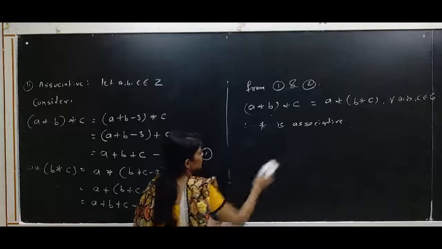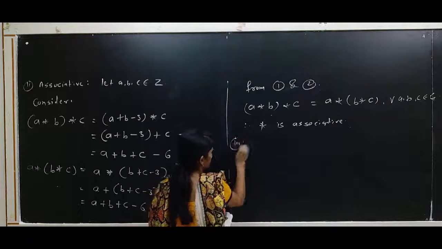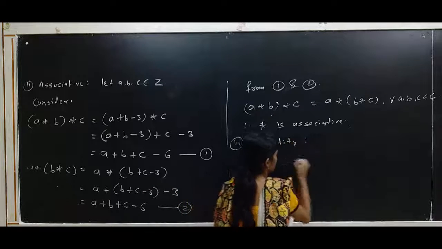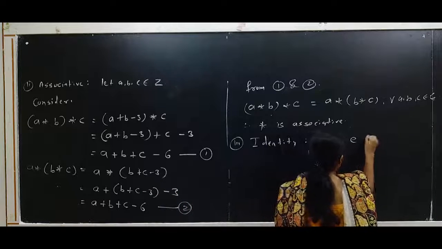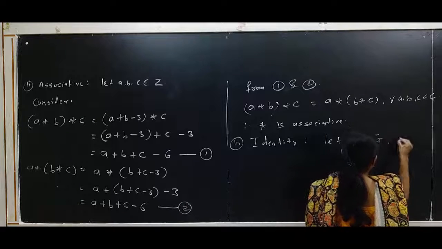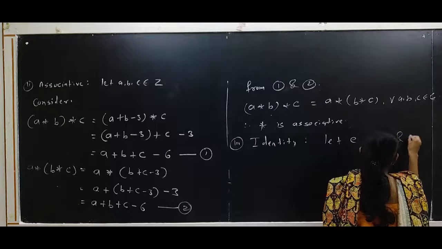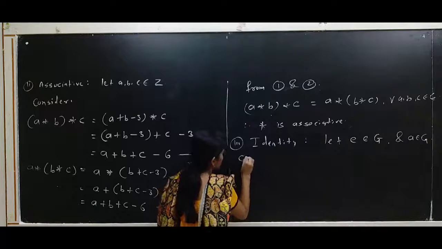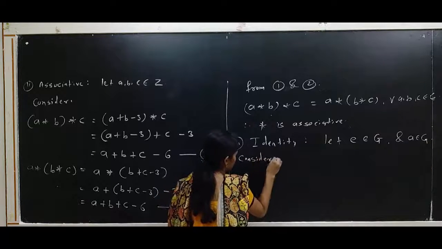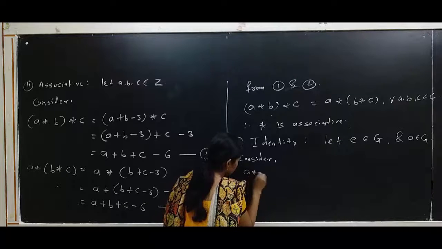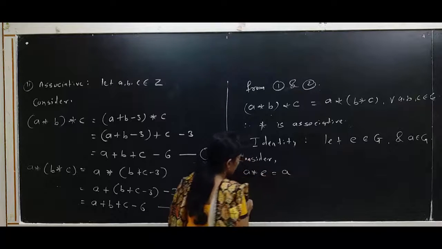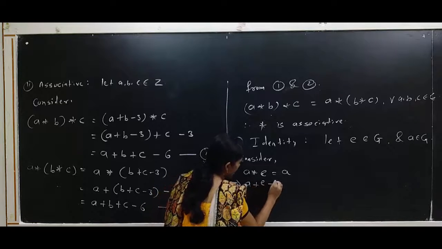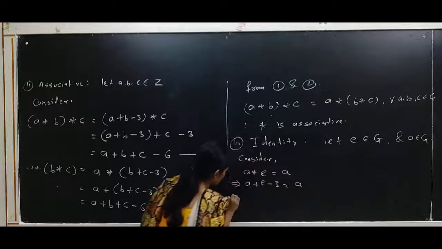Now third property, identity. Let E belong to set G and A belong to G. Consider A star E is equal to A, which implies A plus E minus 3 is equal to A. Now simplify this.